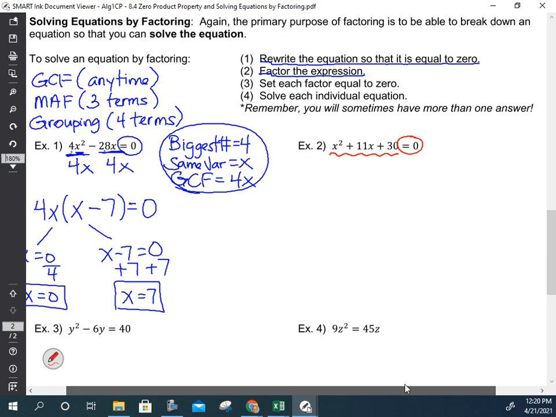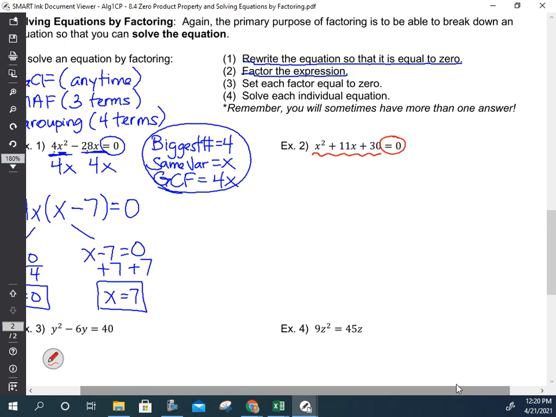But before we do MAF, we have to check greatest common factor. Why? Because you can do it anytime, anywhere, any place. So you have a 1, an 11, and a 30. What's the biggest number you can divide out? 1. Oh, look at that.